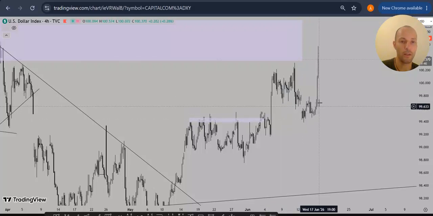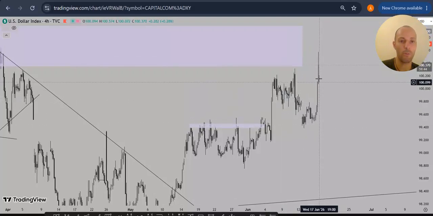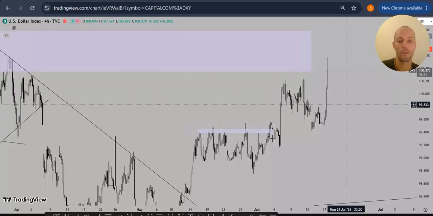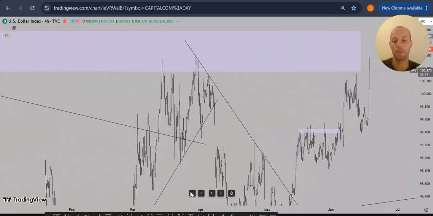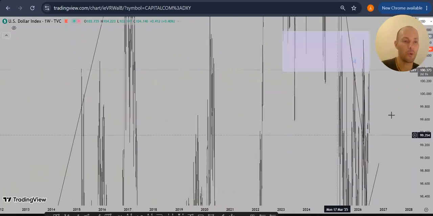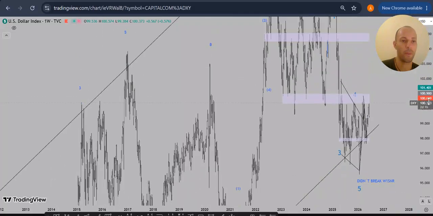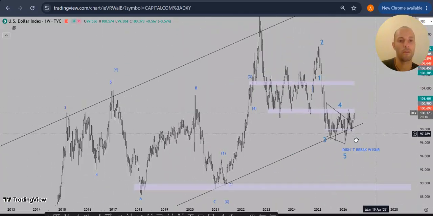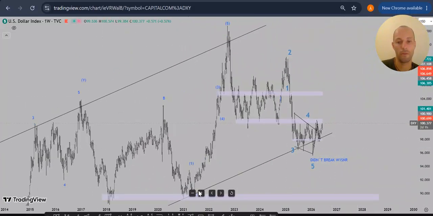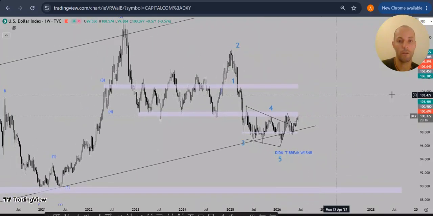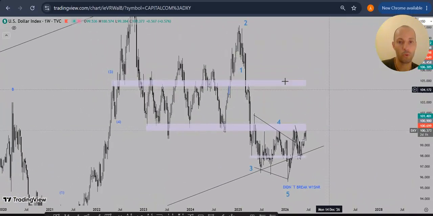Again, very strong bullish move. So we're ready to go up, again, most likely to this level here.